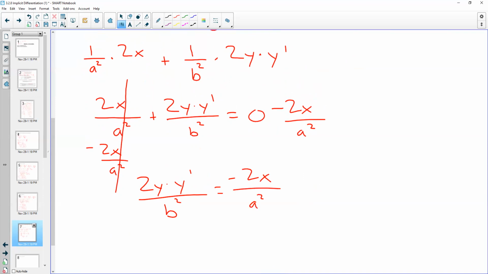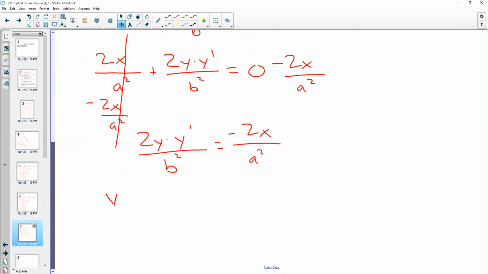We can factor out a y prime on our left side here. So y prime times 2y over b squared is equal to negative 2x over a squared.